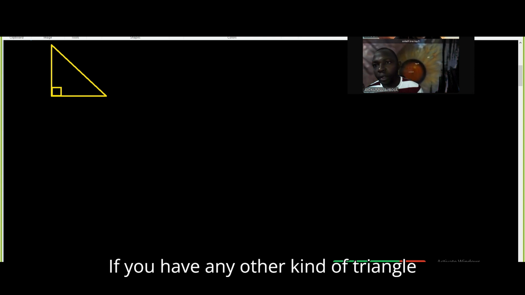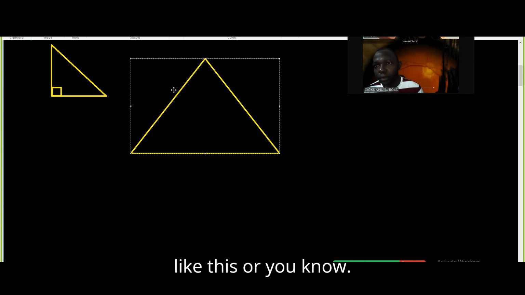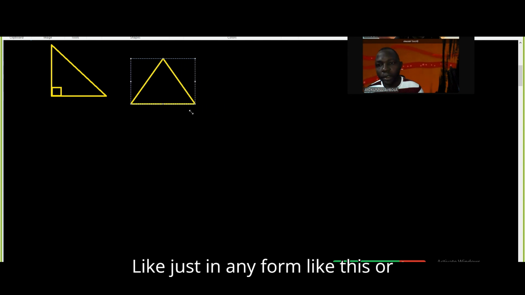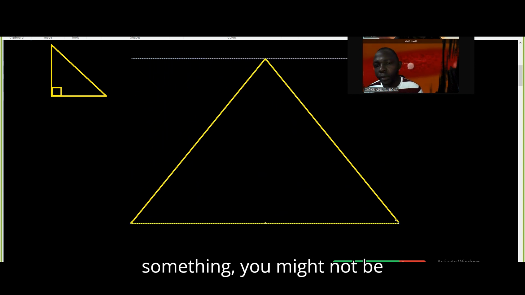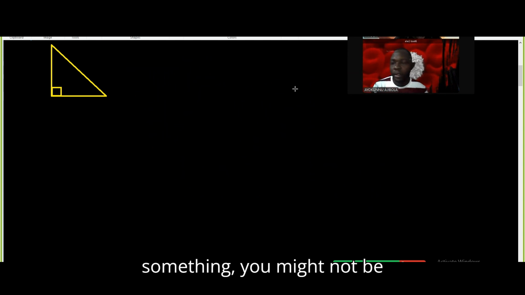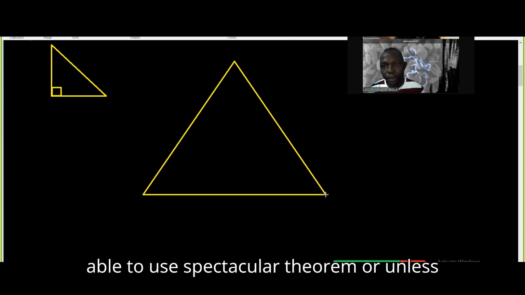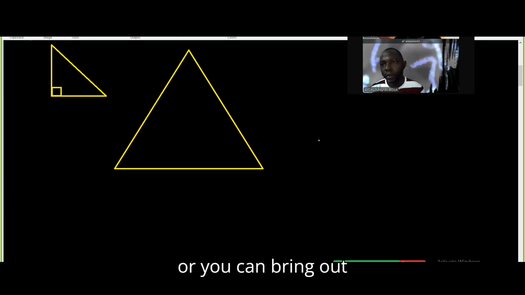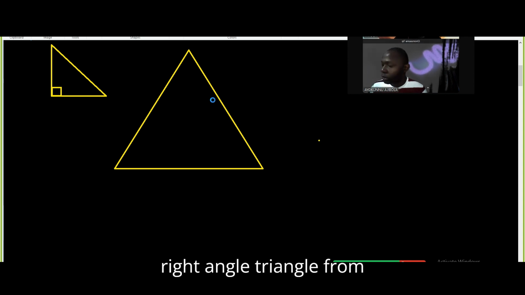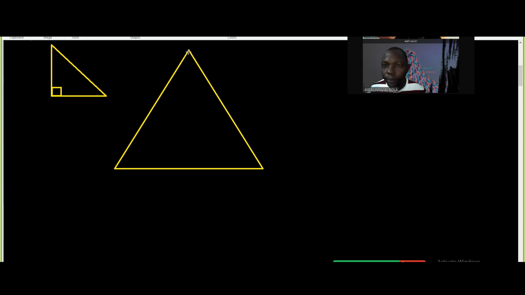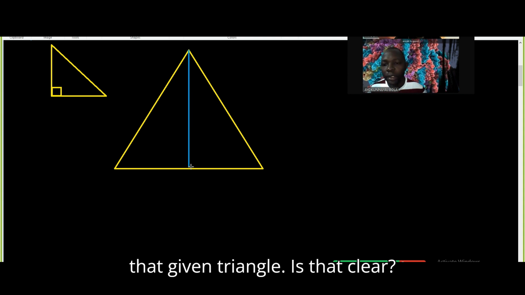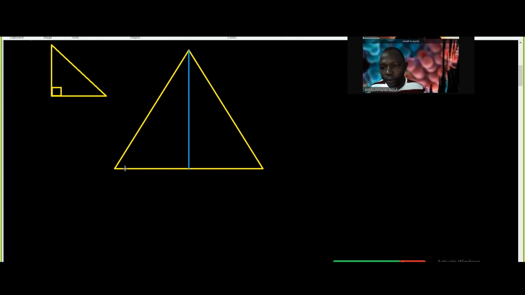If you have any other kind of triangle like this, or just in any form like this, you might not be able to use Pythagoras theorem unless you can bring out a right angle triangle from that given triangle. Is that clear?